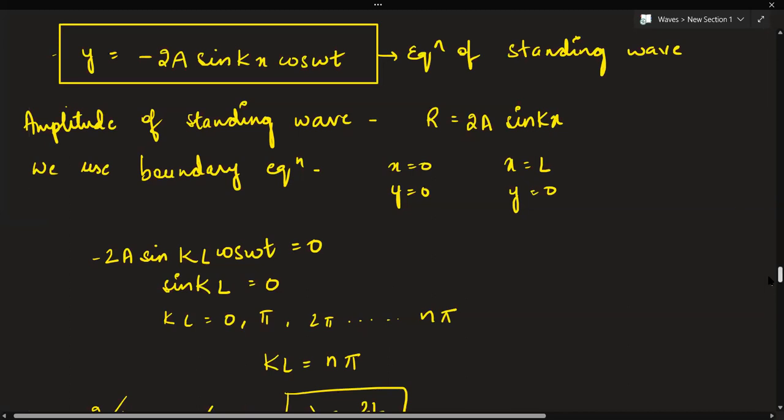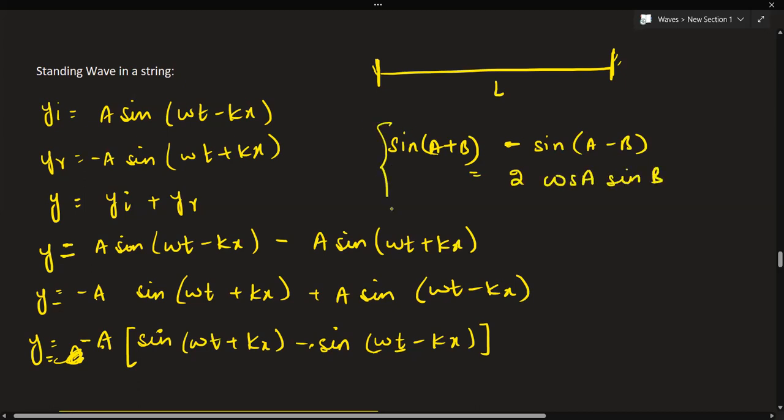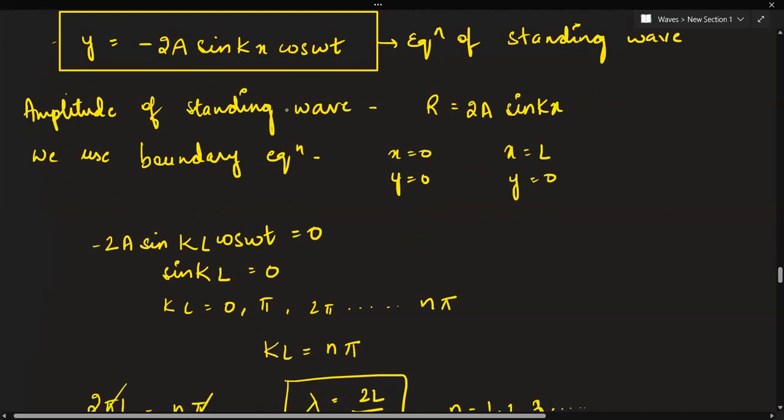Just in case you don't know this identity, sine(a plus b) minus sine(a minus b) is 2 cos a sine b. This is the identity. So from this equation we have amplitude of the standing wave as 2a sine kx.